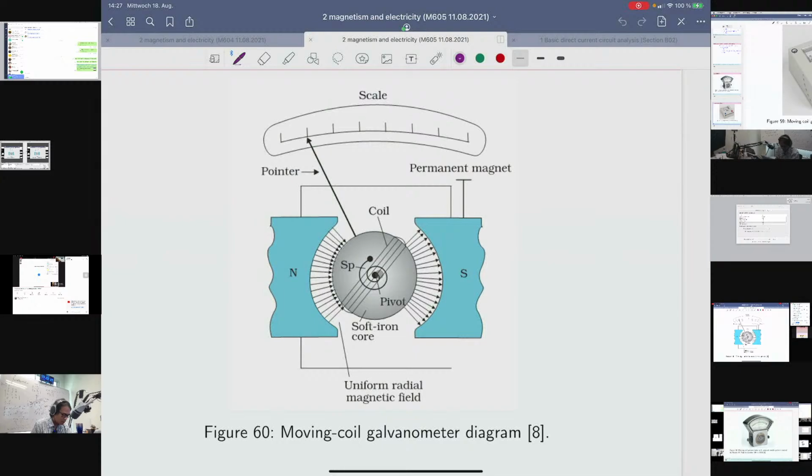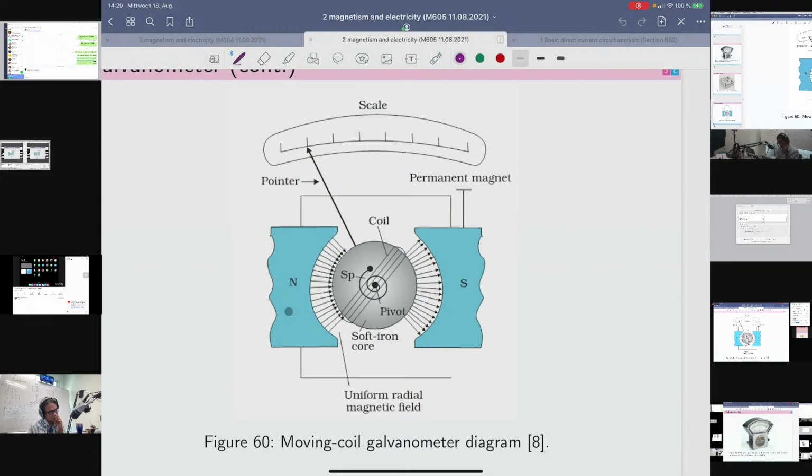There are magnetic field lines coming from the north pole to the south pole, and in the shaft there is the coil around it. When current flows through the coil, there will be an induced force, and the two forces at both ends give us the so-called torque, and the torque will try to rotate this shaft.